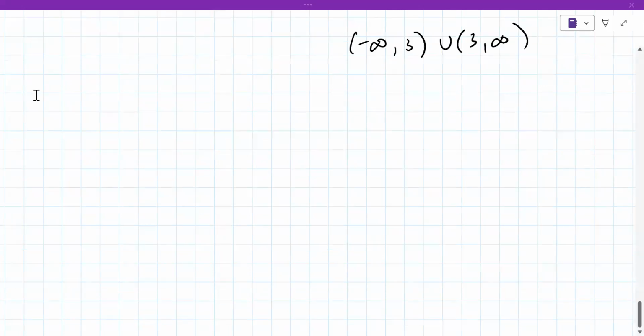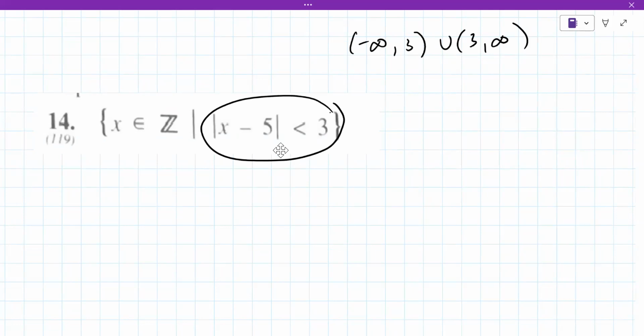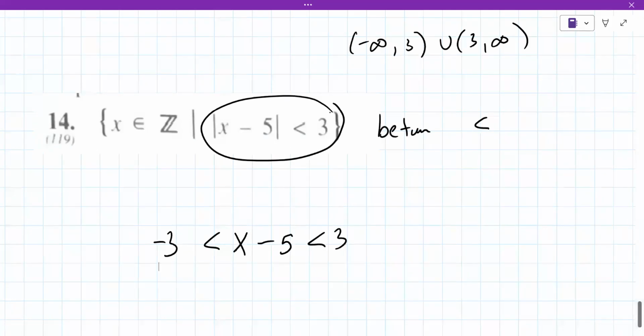It's an important distinction, I suppose. So typically for these problems, these are between because it's less than. So you're at x minus 5 less than 3, and then negative 3 on the left there. So 2 smaller than x, smaller than 8.